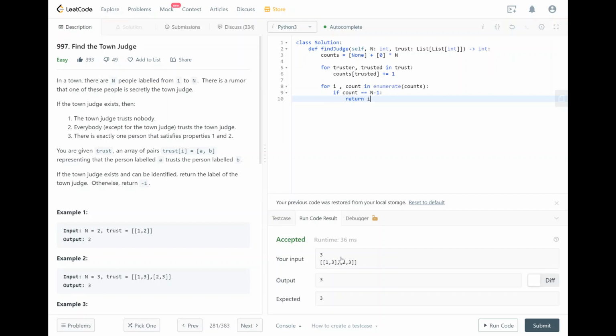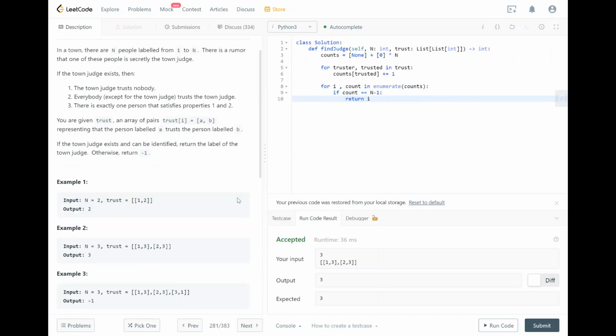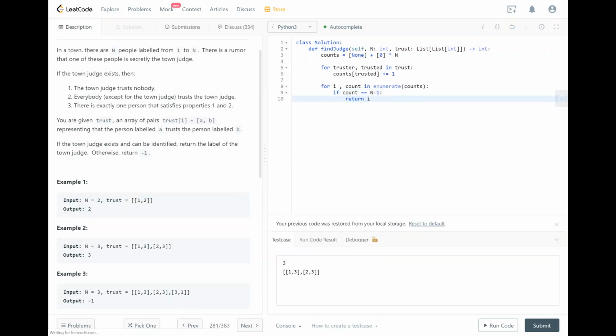Both person 1 and person 2 trust person 3. What that means in our code is that for our counts array, the value at index 3 is equal to 2. That satisfies the condition, and we return that index. Great.